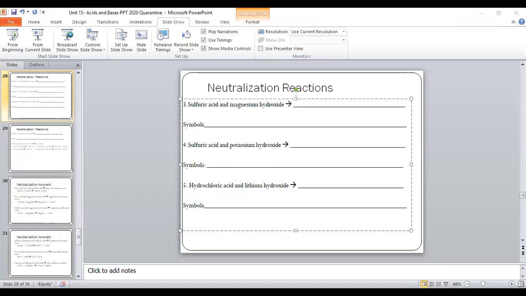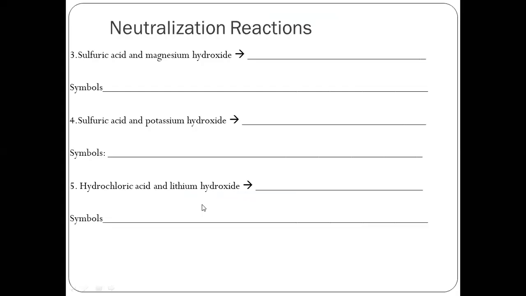So that means I'm going to have to figure it out myself. Okay, so we have HCl plus lithium hydroxide. Lithium is group 1, so it's +1. Hydroxide is OH -1, so you get LiOH.